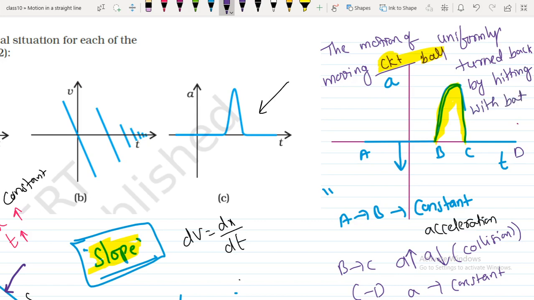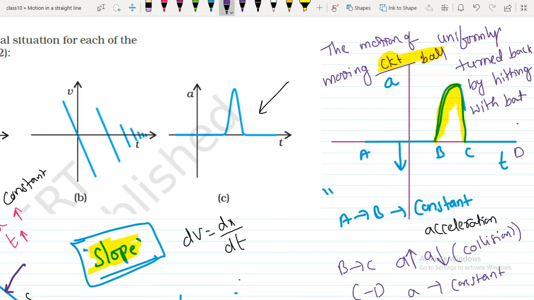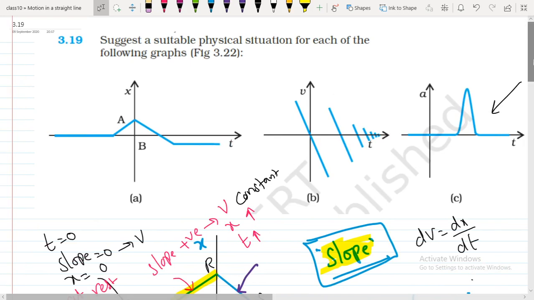That is the corresponding situation for the given acceleration versus time graph, the most probable suitable situation. So these three graphs represent different particular situations. This is how we need to analyze a given graph, by observing its displacement, the corresponding slopes, velocity increasing or decreasing, and change in acceleration.